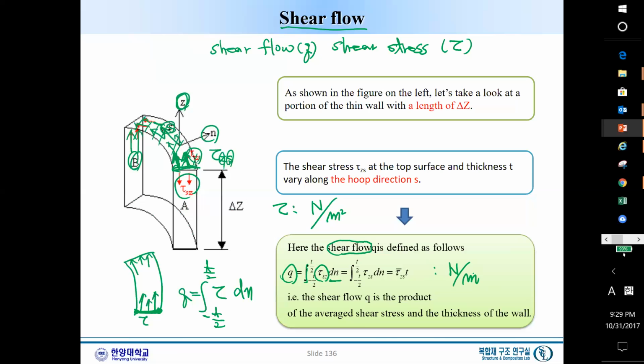So simply, since it's an integration over the thickness, the shear flow can be defined approximately as the average shear stress times the total thickness T. You can use an equal sign.